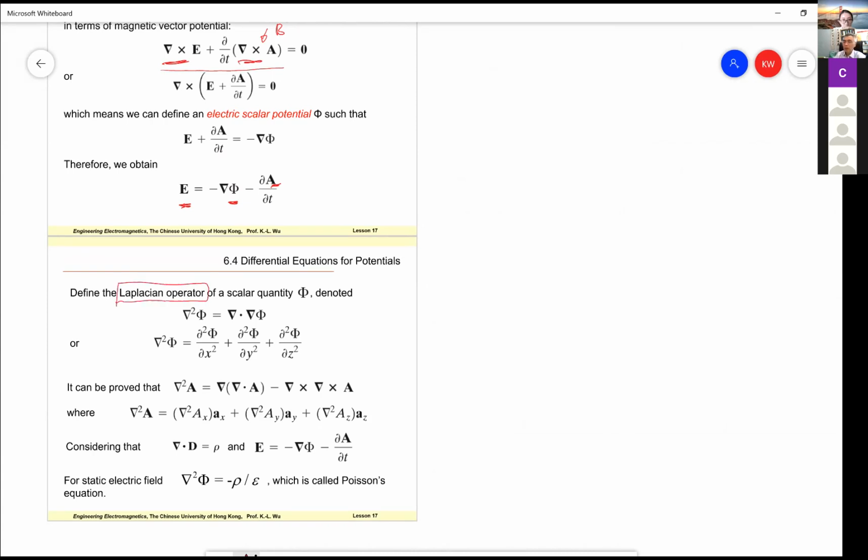Laplacian operator, what is this? We define the del, the gradient. We find the gradient, so this is a vector. Then we take the divergence of this gradient.